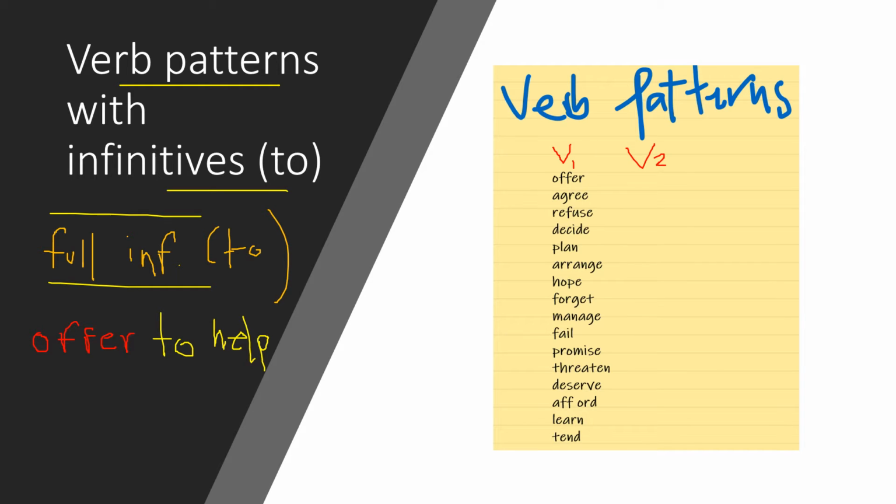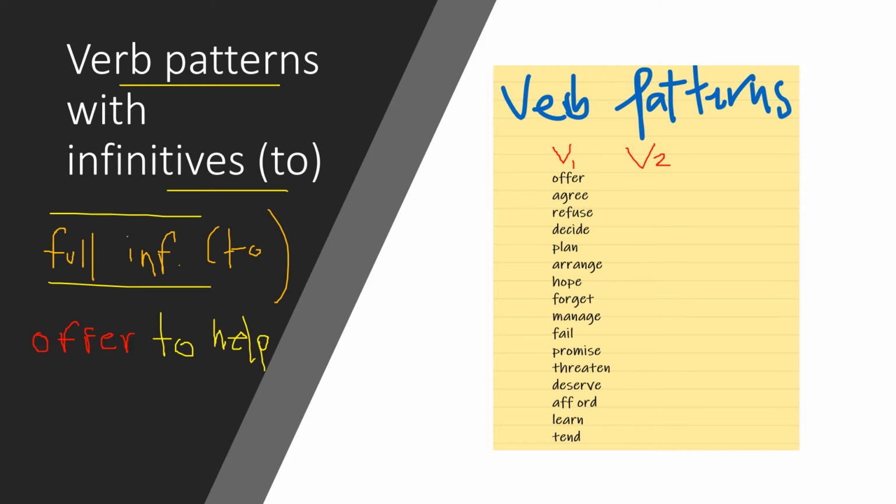We have to use the full infinitive form. So for example, offer to help, agree to help, refuse to help, decide to help, plan to help, arrange to help, etc. You can combine them, and you have to use the full infinitive form in the second verb. That's the rule in this case.